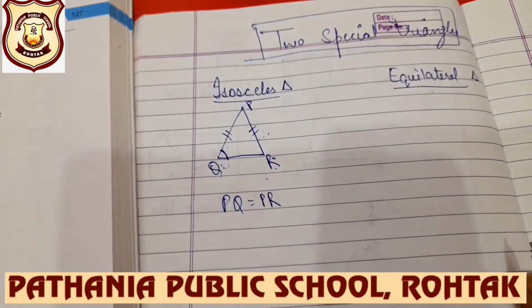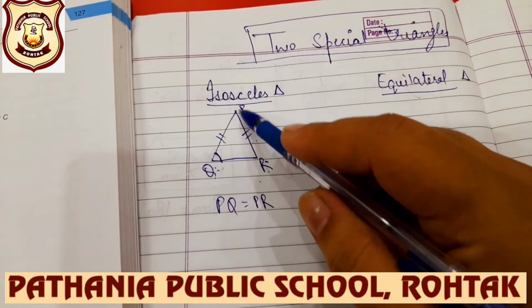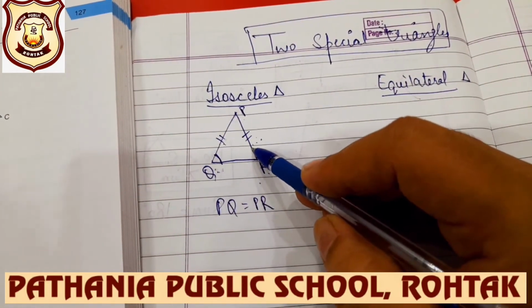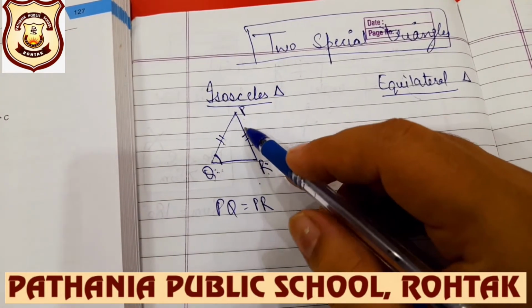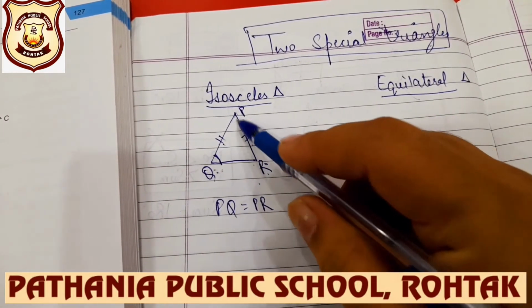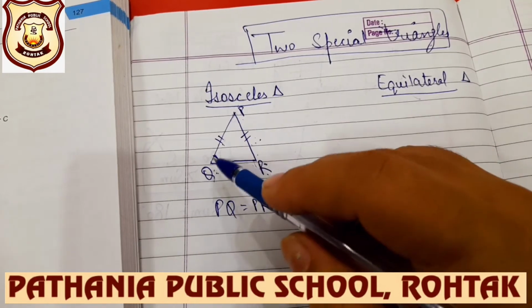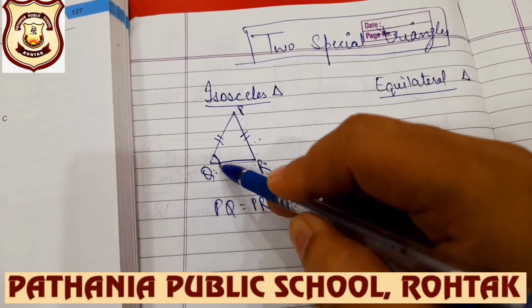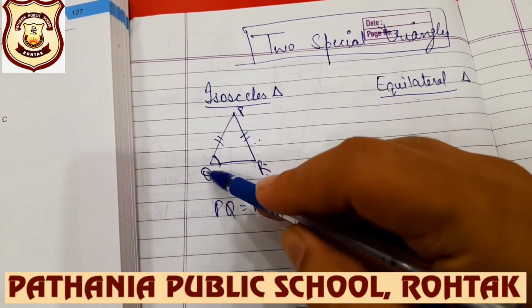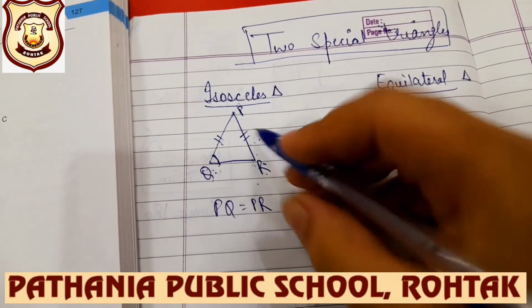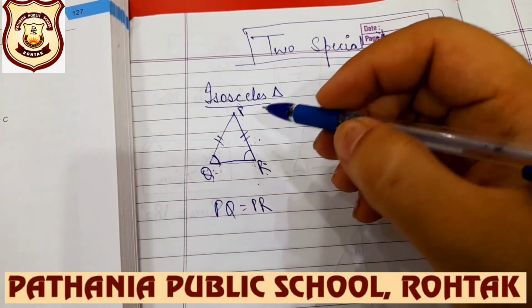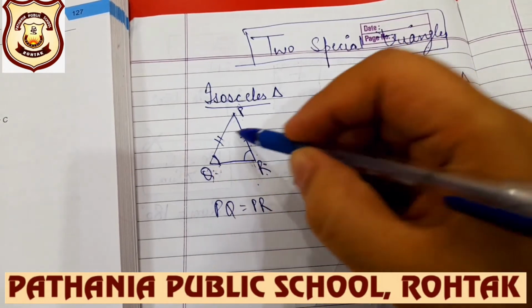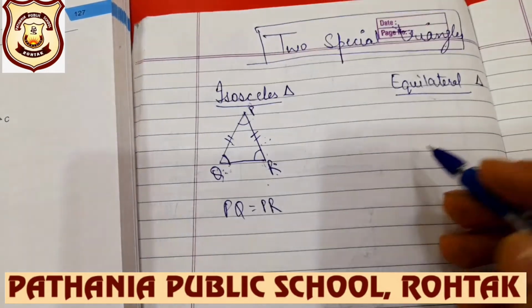Now if I tell you about angles, the opposite angle to side PR is angle Q, the opposite angle to side PQ is angle R, and the opposite angle to side QR is angle P.